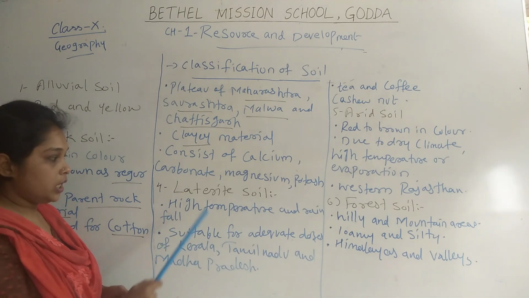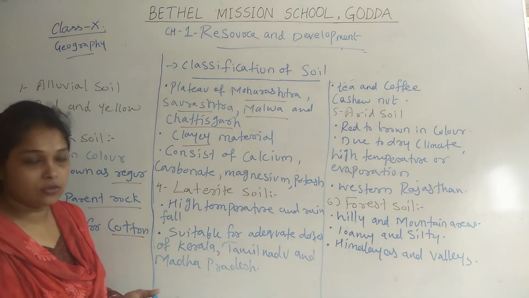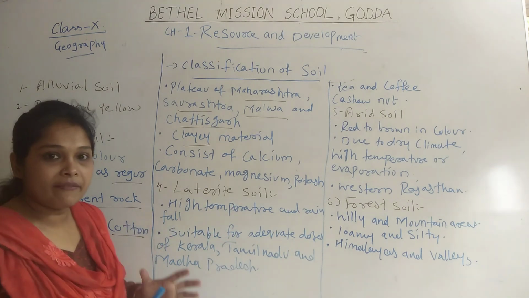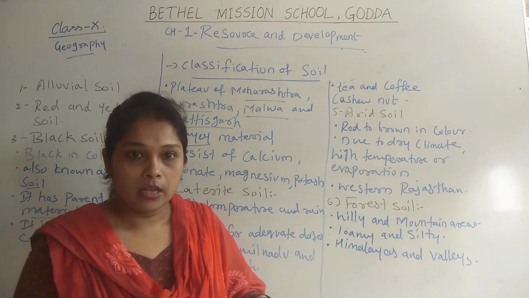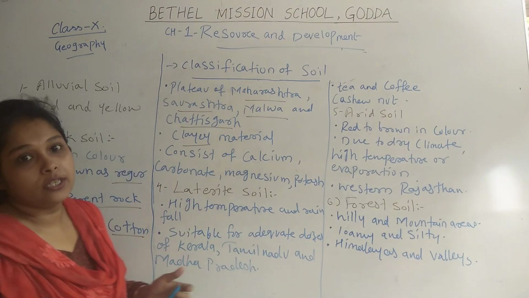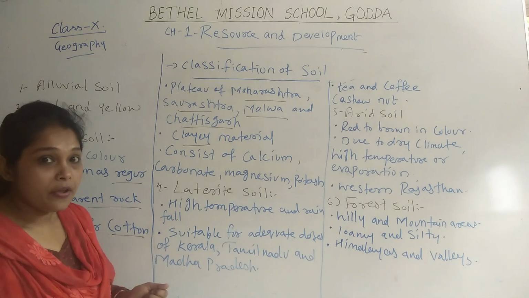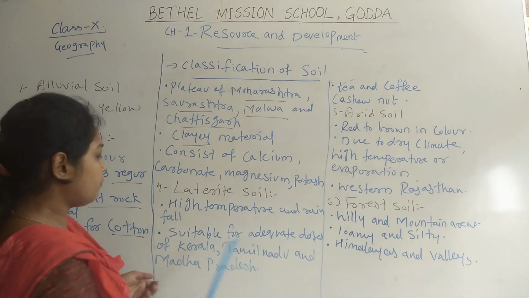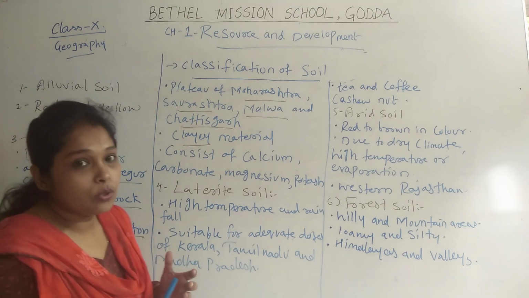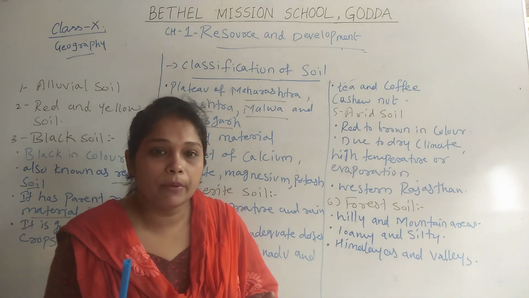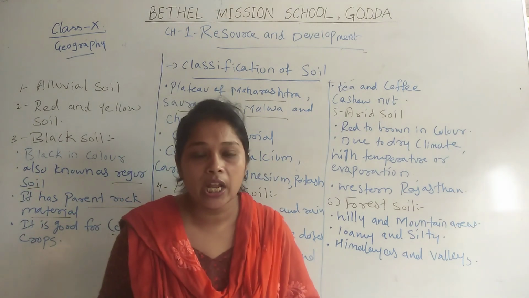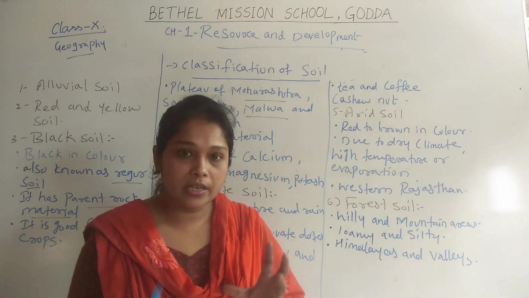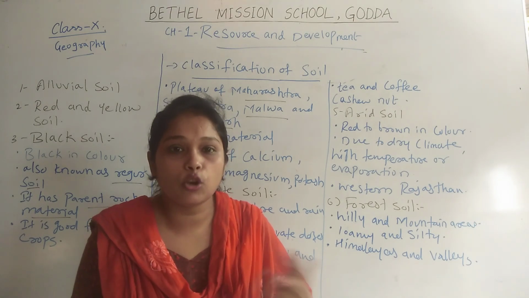Now moving to the next one, laterite soil. What is laterite soil? It requires high temperature and rainfall. In areas which have high temperature as well as rainfall, we can find laterite soil. It is suitable for adequate doses, which means when we have rainfall, it is suitable for chemical reactions, and so it is very suitable for growing many crops.